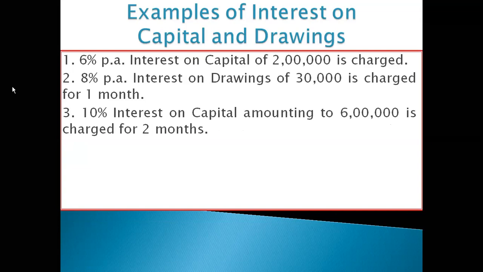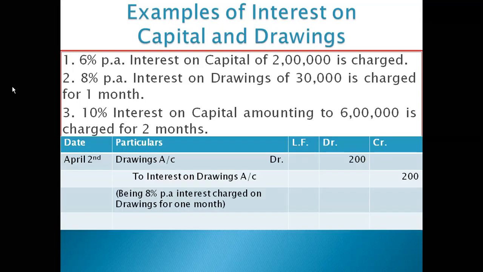Here, the drawings is not charged for the whole year, but for just 1 month. So, the entry would be drawings account debit to interest on drawings account 200. This is because 8% of 30,000 is further divided by 12 because it is charged for just 1 month. So therefore the amount which is recorded is 200.